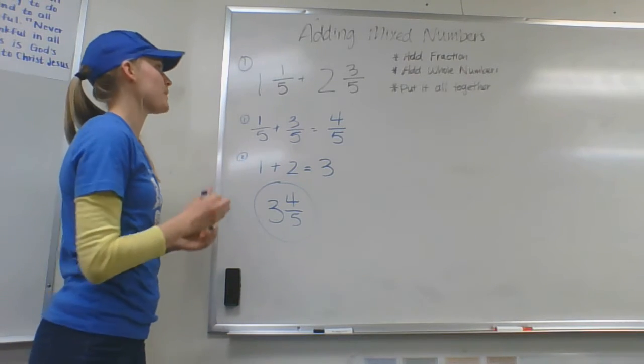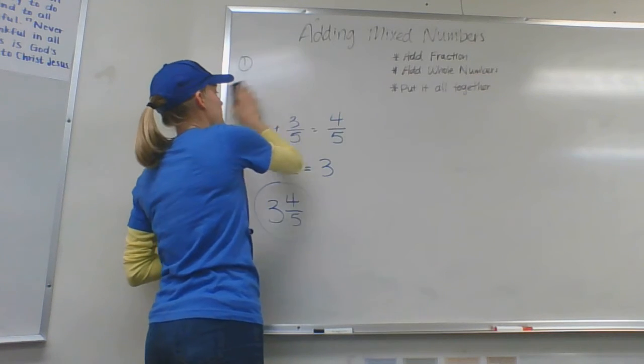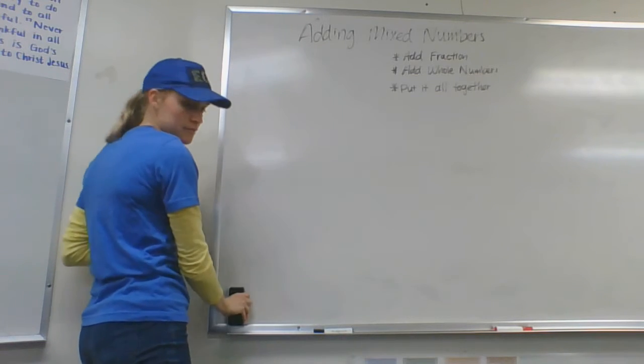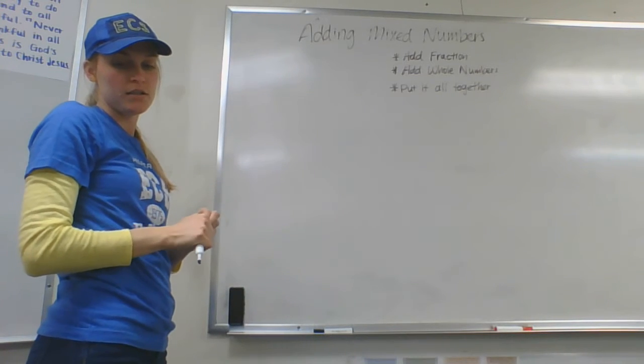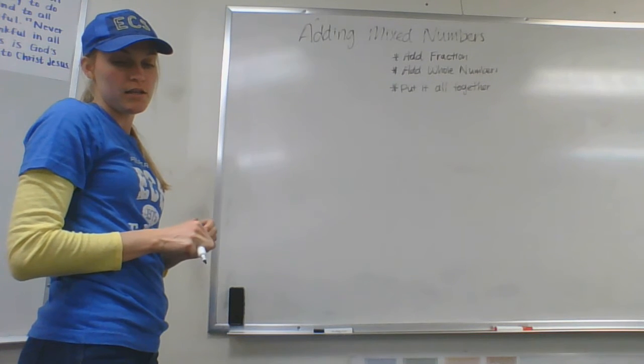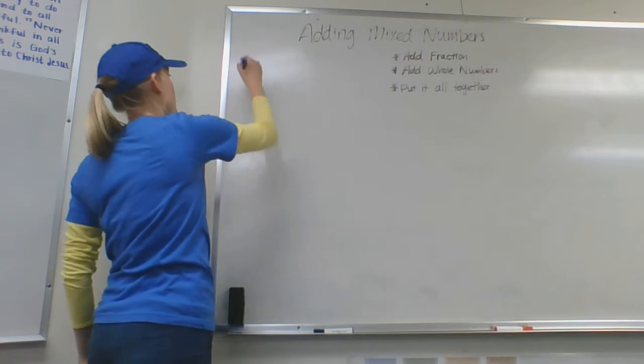It does, however, sometimes get a little bit more complicated. So we're going to look at a couple more examples. Example 2 will be 1 1/3 plus 3 2/6.